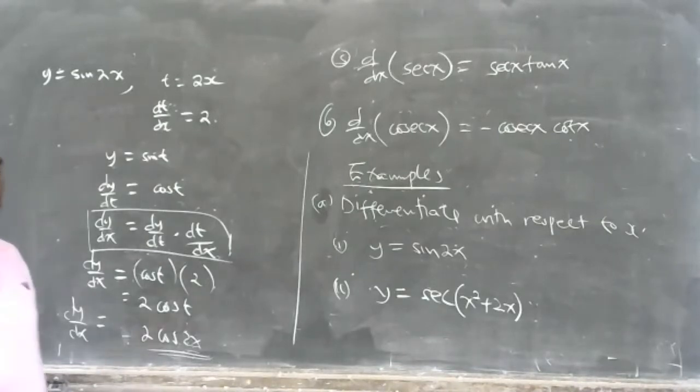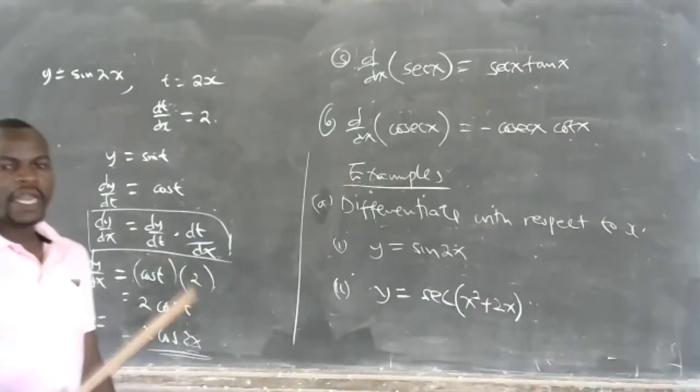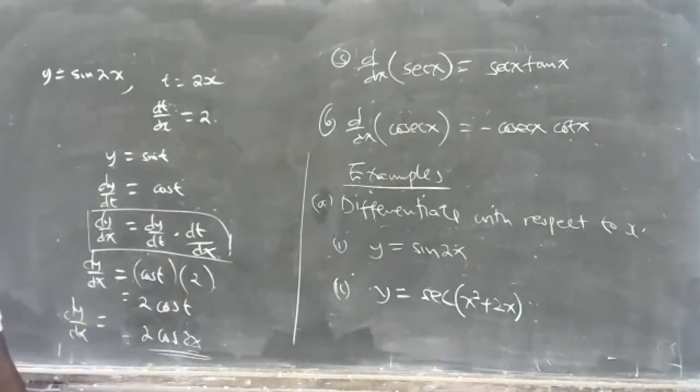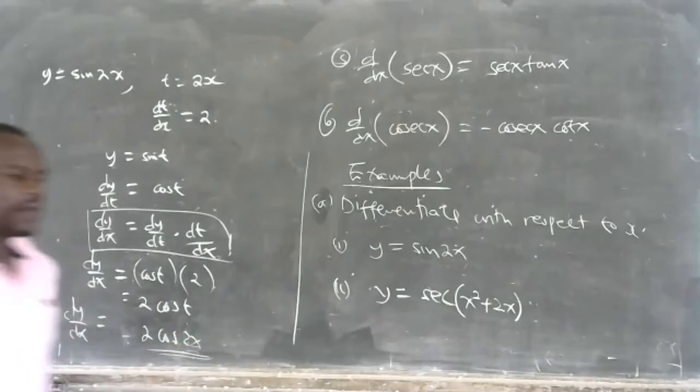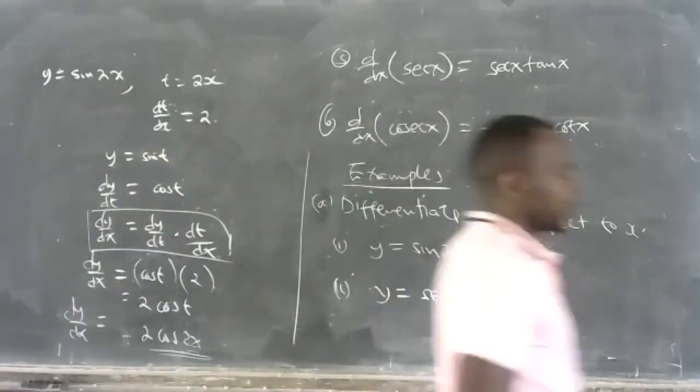Before you go, you only do the previous work if the question says differentiate from first principle. But the work you are doing right now, don't differentiate from first principle. Just apply the chain rule and work out the question.